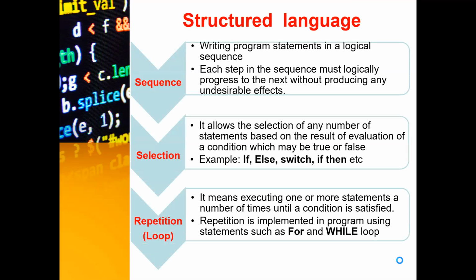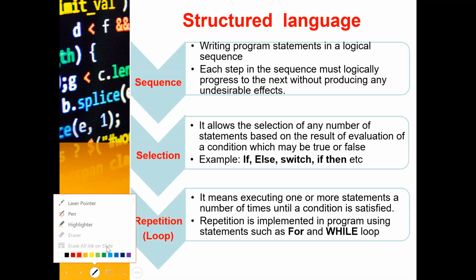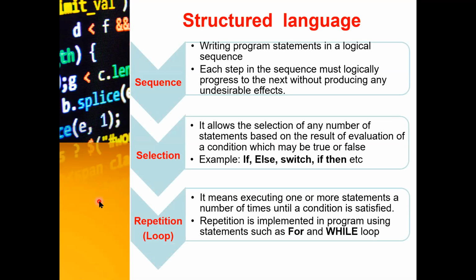Okay, the second type of high-level languages is structural languages. Structural languages are classified into three parts. Clear? The first one is sequence, the second one is selection, and the third one is repetition, the loop.